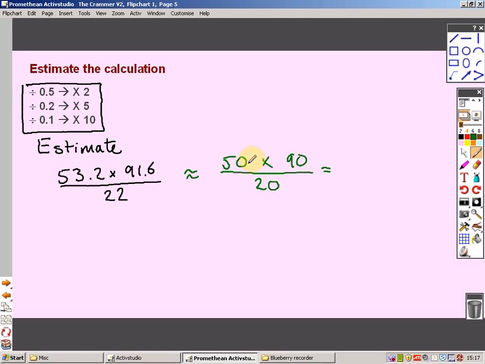So 50 times 90 is 45, and the 2 zeros, divided by 20, and that's going to be equal to 450 divided by 2, and 450 divided by 2 is 225, and that's my estimate.